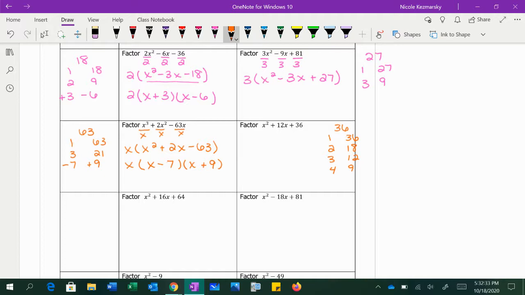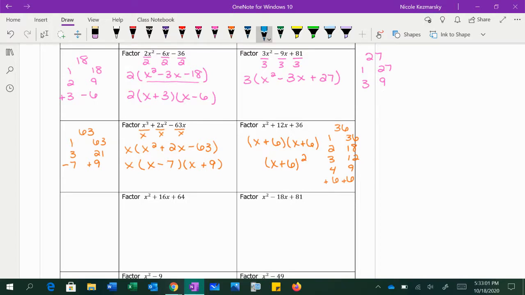Oh, I forgot one, the most important one. 6 and 6. That'll do it. So plus 6 and plus 6 will work. So I'm going to say x plus 6 and x plus 6. And because they're the same, I can write them as x plus 6 squared.